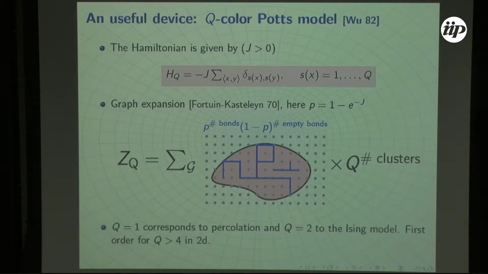These are called the FK clusters, which are used in Monte Carlo simulation, the Swendsen-Wang algorithm, for instance, for Q equal 2. For Q equal 3 and Q equal 4, you have other types of random processes which are labeled by this integer. If Q is larger than 4, then the Potts model undergoes a first order phase transition, so there is no longer a conformal field theory.